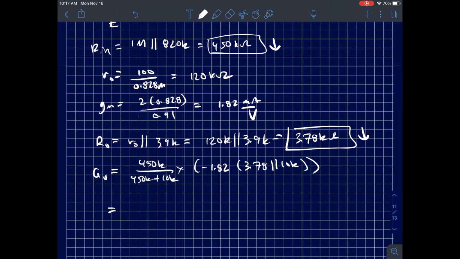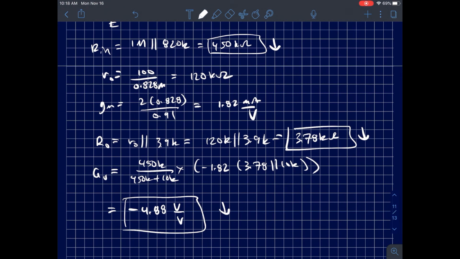When I multiply all this together, I get negative 4.88 volts per volt, which has decreased the gain from example 3. So what I notice about using the 5% realizable resistors is that I have decreased my input resistance, decreased my output resistance, and thereby decreased my overall system gain.